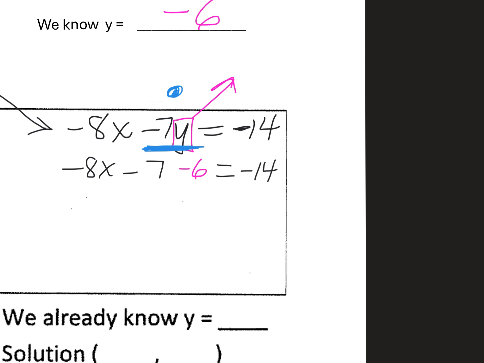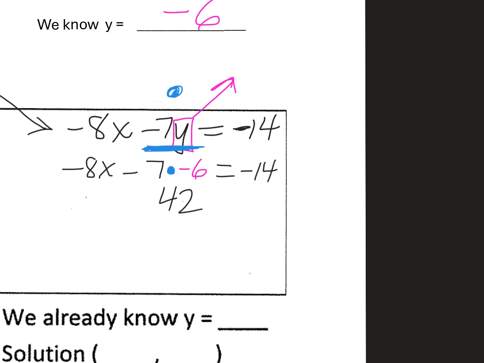The 7 was sitting next to the y. That means I'm going to multiply them. Now, I've got my -7, because remember, in big kid math now, a negative and a subtraction symbol means the same thing. So what I'm really doing is -7 times -6. If you're not good with your facts, put it in that calculator. I beg, I plead. Negative times a negative is a positive.